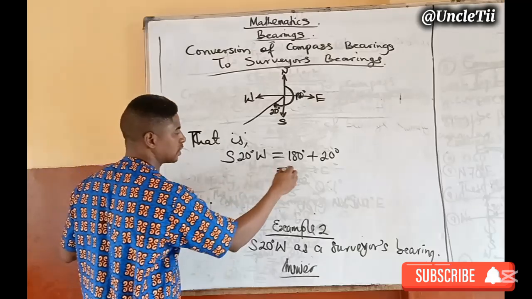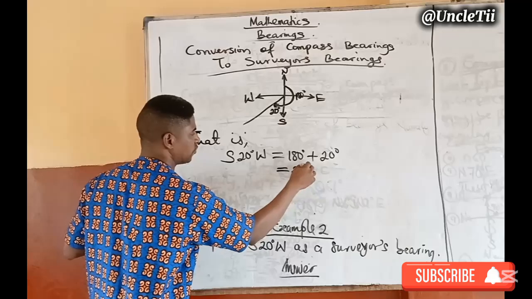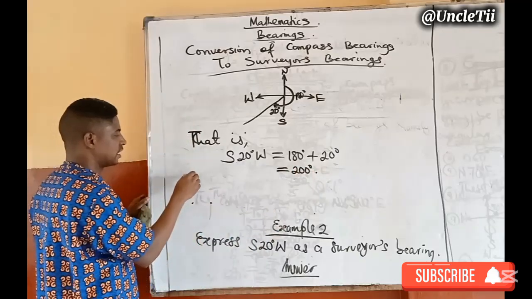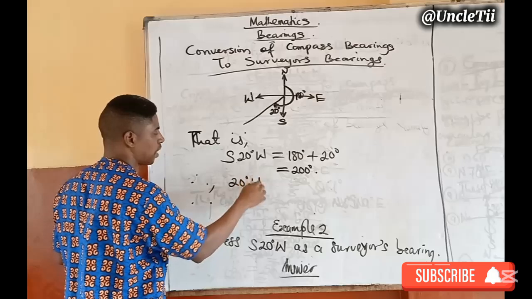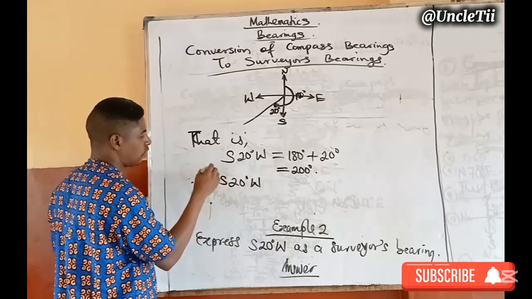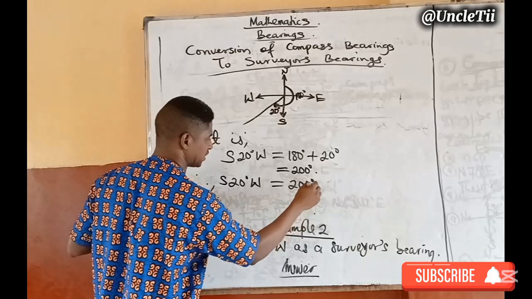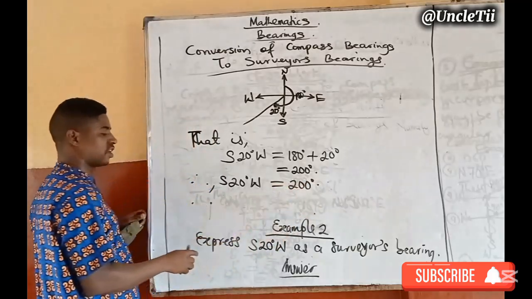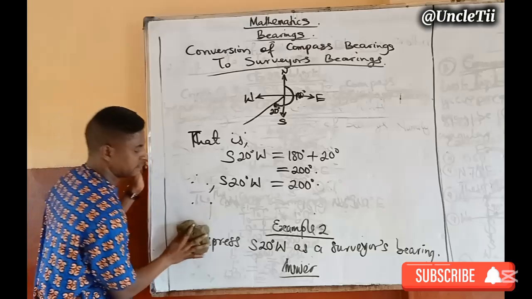And if you add 20 to 180 degrees, that will give you 200 degrees. It therefore means that 20 degrees west of south is 200 degrees. That is the surveyor's bearing. Here is the compass bearing.